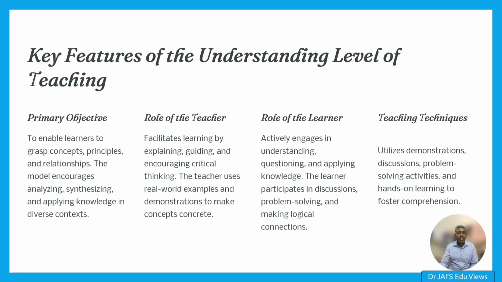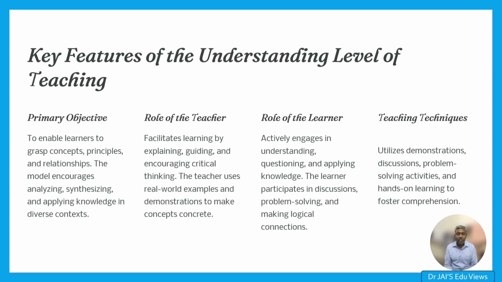So I want to share the 4 different parts that are to be used to provide a better teaching experience to the students. Such as objective, the framing of objective in the Morrison model, and the role of the teacher, and continue to that the role of the learner, and finally the teaching techniques.